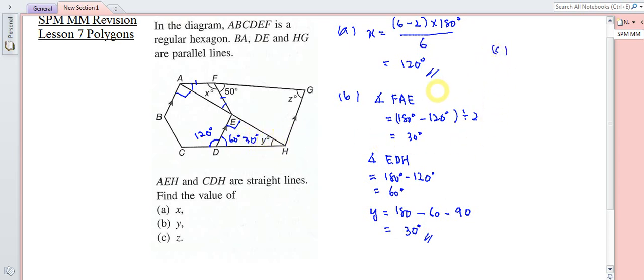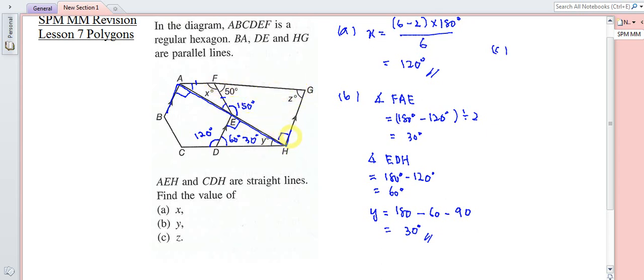Okay, so let's go to the last part, z. So just now we got this angle is actually 30 degrees. So if this is 30 degrees, here must be 150, right? 150, and you will see zigzag alternate angles. Here also 90 degrees. Okay, so you will see a quadrilateral over here.